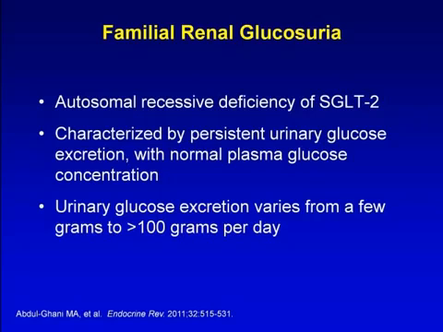It is autosomal recessive in nature, and it is a deficiency of SGLT2. It is characterized by a persistent urinary glucose excretion, although the plasma glucose concentration is actually normal. The amount of glucose that is excreted varies from a few grams to more than 100 grams per day.